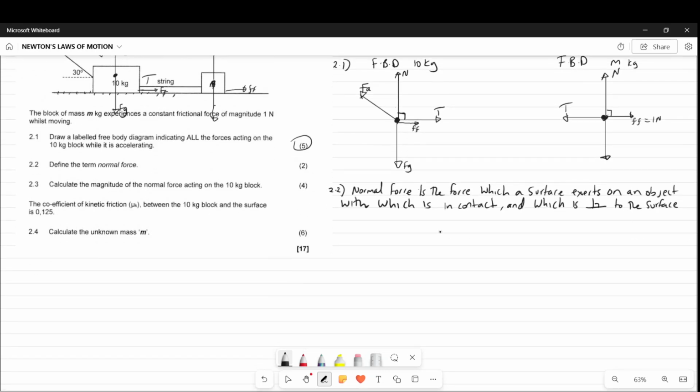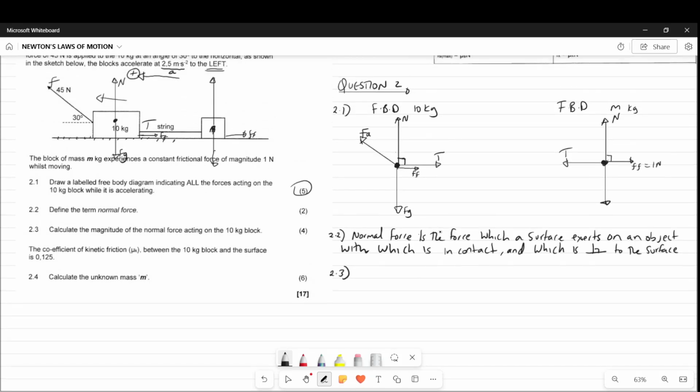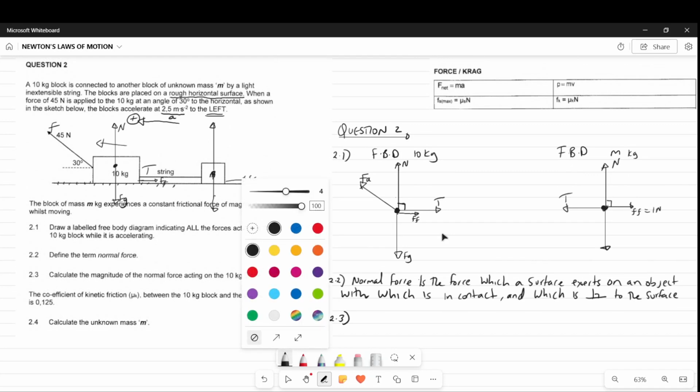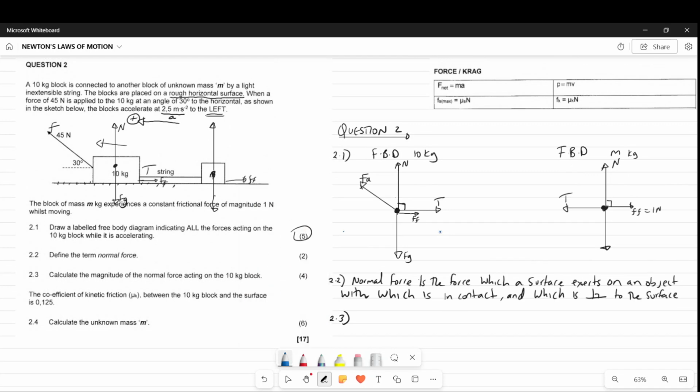So now 2.3, they're saying calculate the magnitude of the normal force acting on the 10 kg block. So now, over here, as you can see, normal force is not equal to Fg, because we have this force applied at an angle.